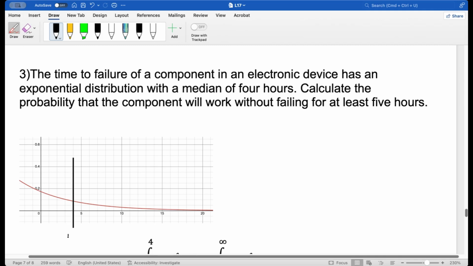So this is 4. And on either side of the median, we have 50% probability. And so we're going to use that fact to figure out what the mean is.